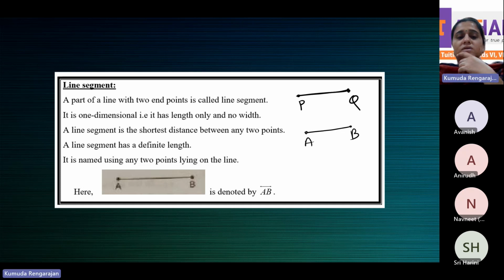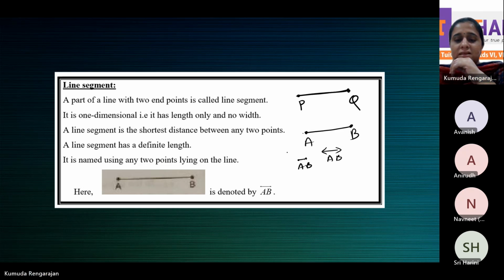A is 1 point and the other point is B. A and B are the 2 endpoints of the line segment. And it's written like this, line segment AB. If it is line AB, it will be like this, line AB. This is line segment AB.